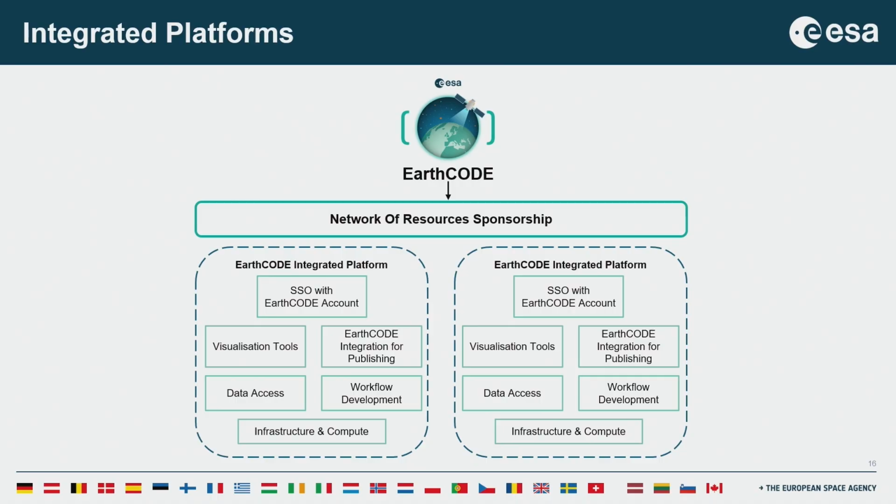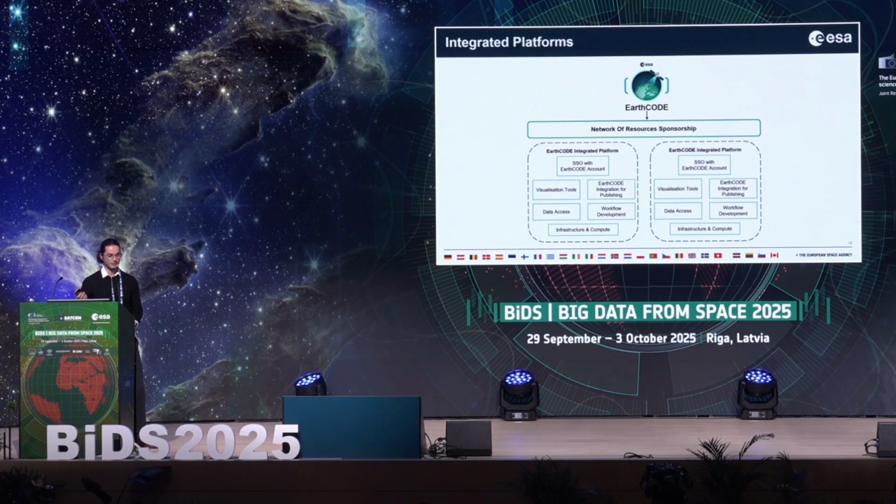You would have access to workflow development tooling. For example, in openEO, you would have something like a GUI editor, or you would have the APIs available there. And other platforms will offer different tools. For example, the Pangeo ecosystem offers Dask clusters and so on to enable the workflow development that supports what the community needs.